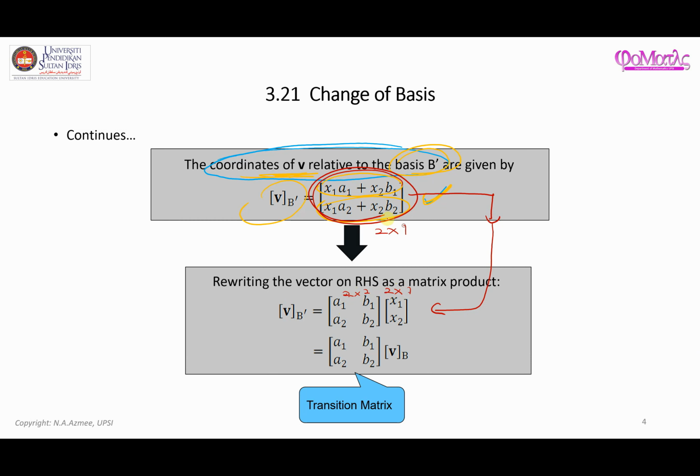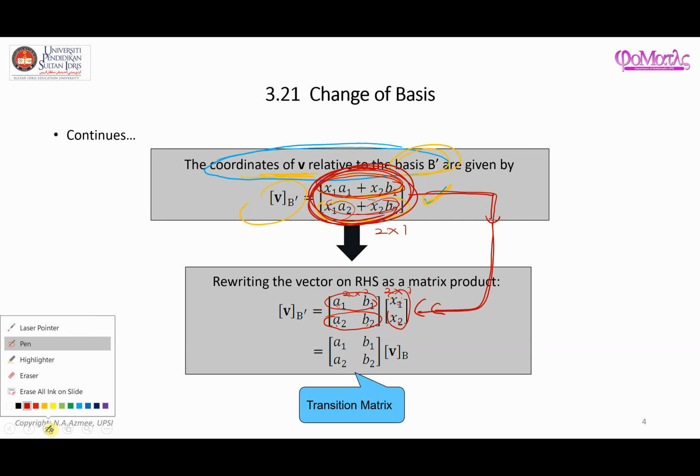So a1 times x1 plus b1 times x2 is what you get, and this is the first position. And this one here, a2 x1 plus b2 x2, is the second position. So this is just rewriting this part to get this.